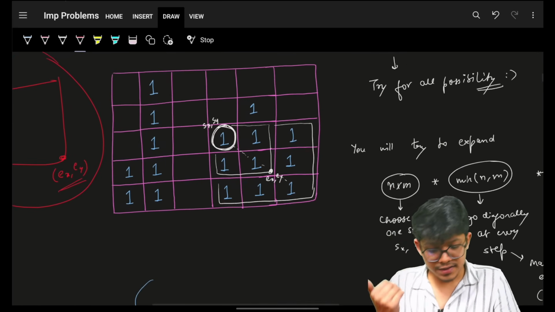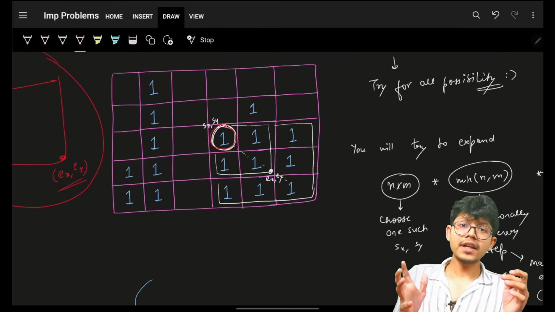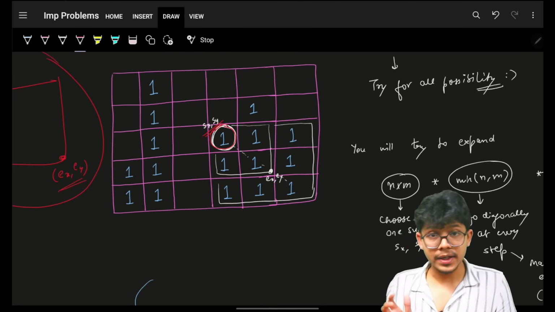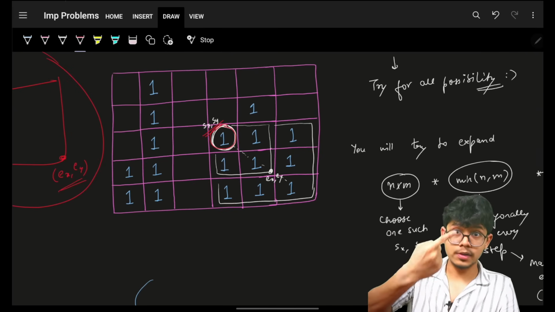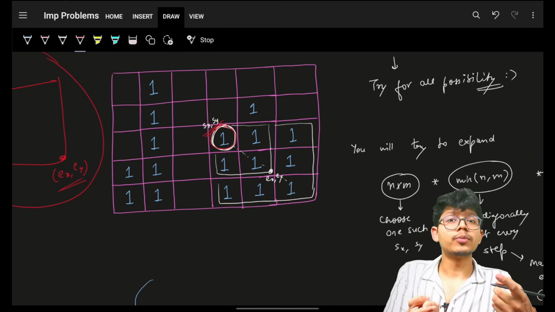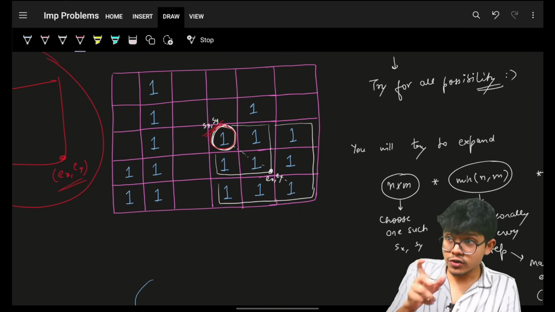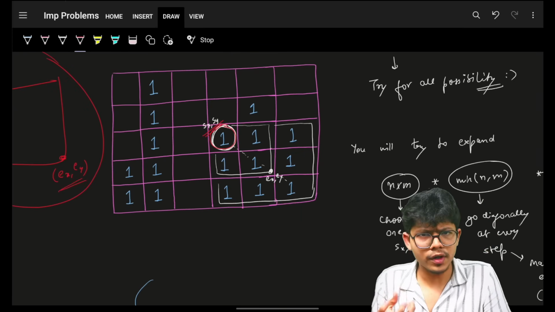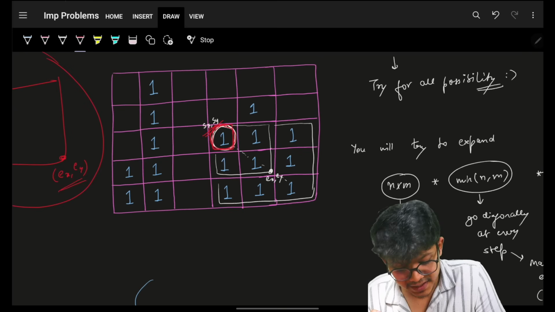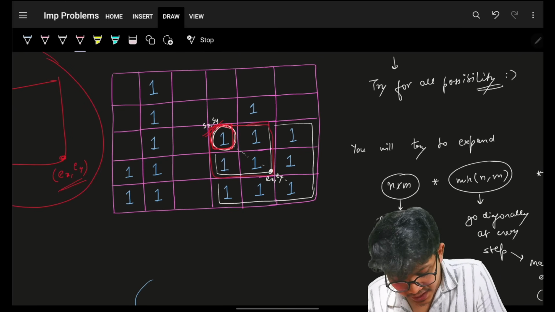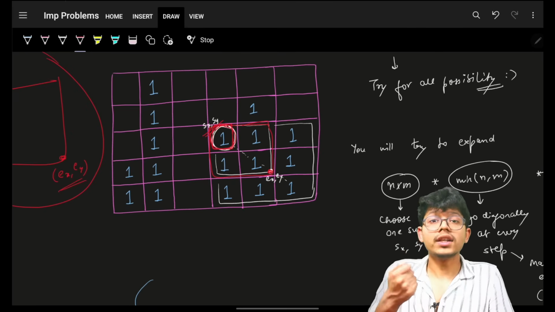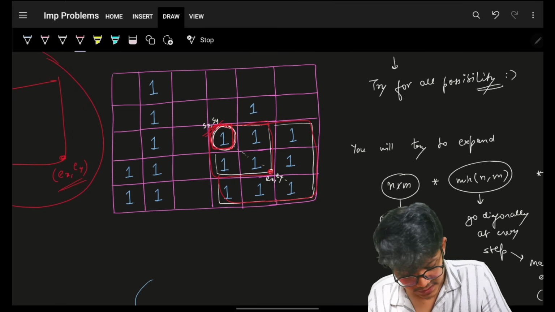So if I give you a square starting from sx, sy, you have to try all the possible squares, because it is a brute force approach in which you try all the possible squares. One square can end at sx, sy itself, or another can end here at ex, ey, or another can end here.